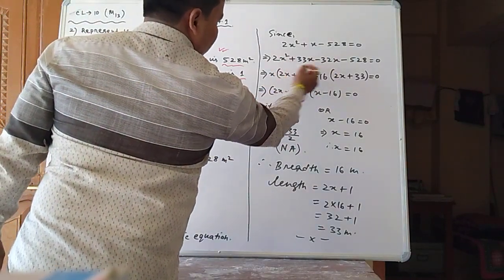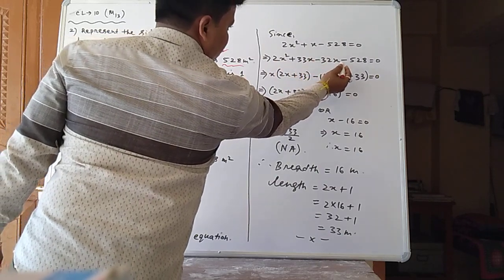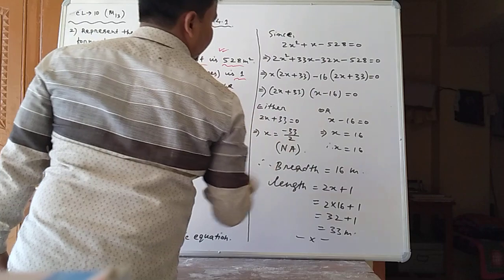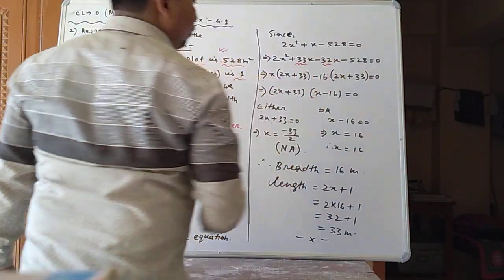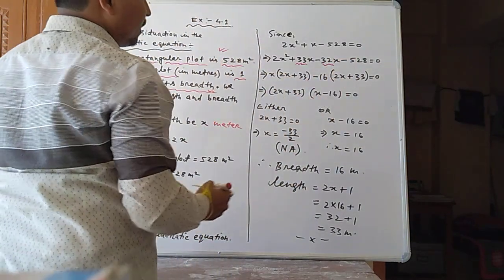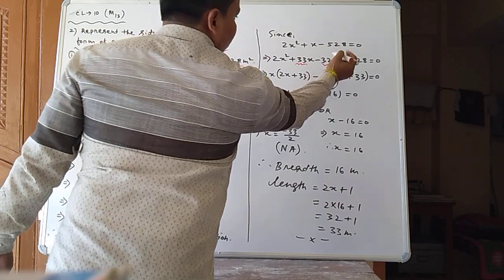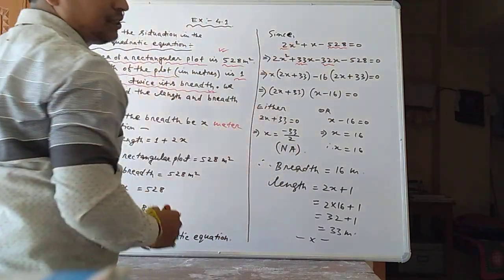By the middle term factorization we are getting 2x square plus 33x minus 32x minus 528. That means how 33 and 32 come. First of all you have to multiply the constant term with the coefficient of x square.